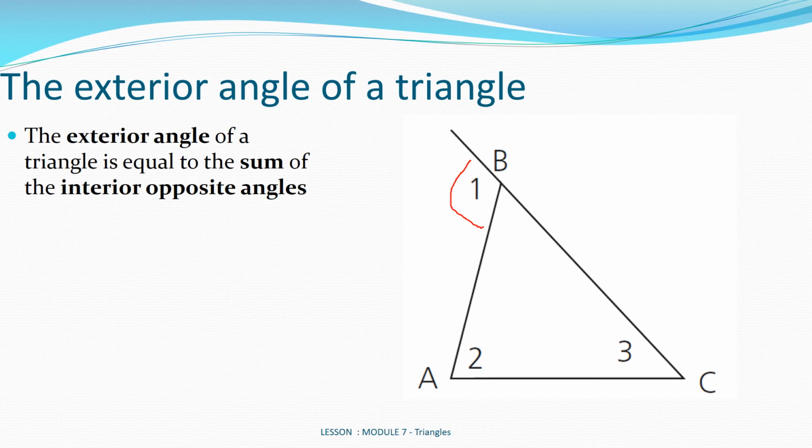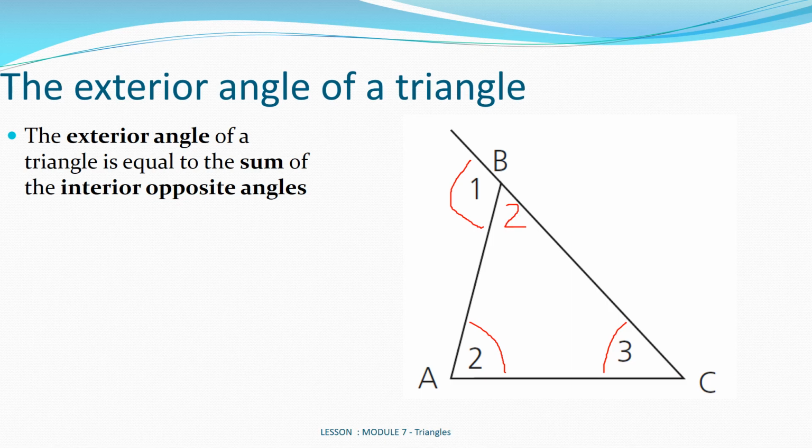We say the exterior angle of a triangle is equal to the sum of the 2 opposite interior angles. When we speak of interior opposite angles, we're speaking of 2 and 3 in that regard. When you add these 2 angles, angle C and angle A, they must give us angle B1, because we might even say this is angle B2 if you want to.